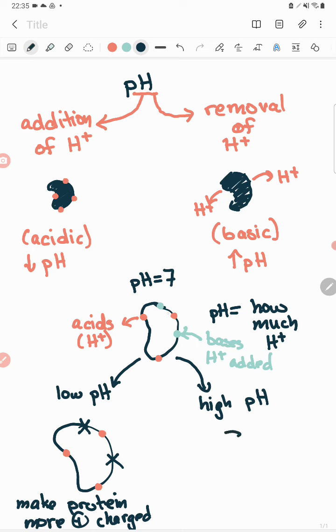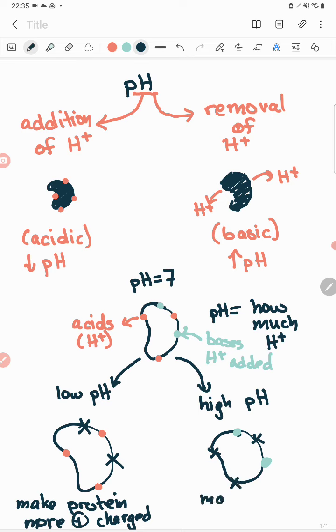So this protein goes and is converted into, it still has technically all of the same amino acids, but all of the places that used to be acidic now have had all of those protons stripped away.